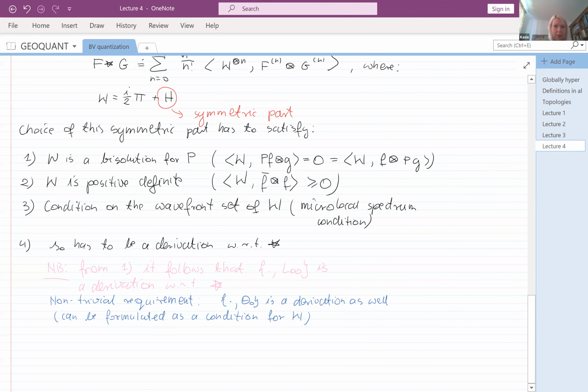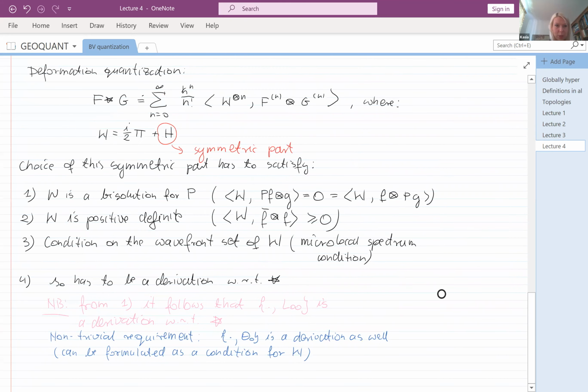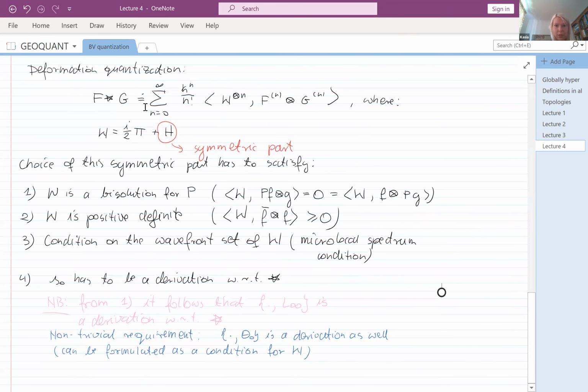Okay, so we have these 4 requirements for the choice of the integral kernel for the star product. Now, the job, of course, is to show that such things exist. And this is the job that has been done by other people mostly, so we can just go ahead and use them. That is very anticlimactic.